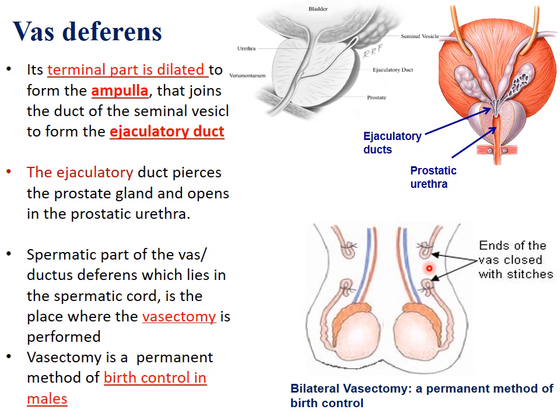So what they do in the surgery is make an incision in the spermatic cord, find the ductus deferens and make an incision, separate the two ends of the ductus deferens, and then ligate the two ends. So this procedure is called bilateral vasectomy, a permanent method of birth control. So the man can never conceive again. Vasectomy is a permanent birth control method in males.